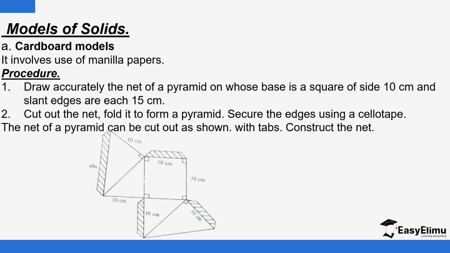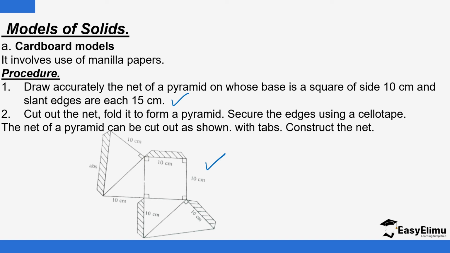For example, here we are talking about a pyramid whose base is a square of side 10 centimeters, and there is a slant height of 15 centimeters. When you construct the net like this one here, you should be able to cut out the manila paper.